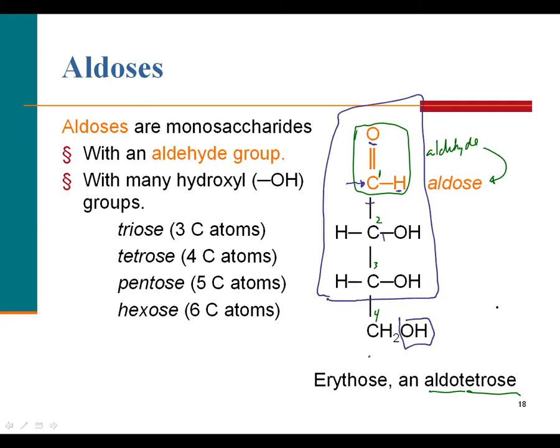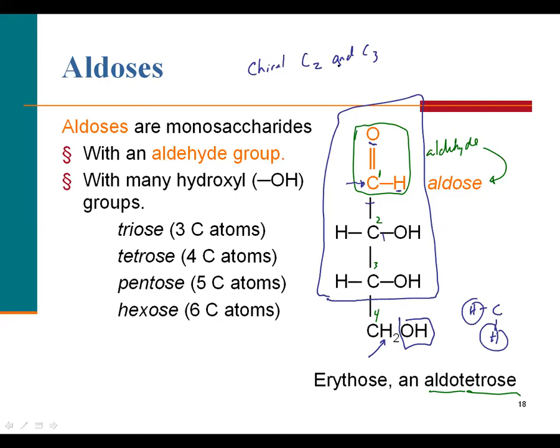But if we were to draw it out, it technically would have one and two hydrogens on the same carbon, and that would make it not a chiral carbon. So in this particular case, our chiral carbons are carbon number 2 and carbon number 3. Any question on that?